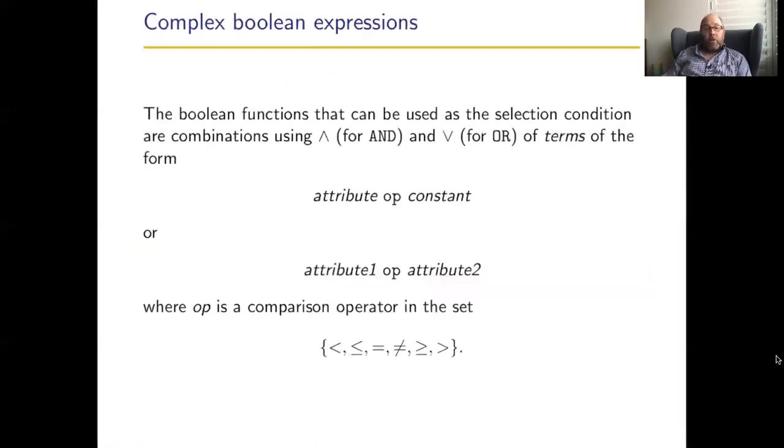Okay, and then we can build up arbitrarily complex Boolean expressions by adding the normal logical operators and, or, and comparing attributes against constants or attributes against other attributes, and so on. This slide says almost nothing.